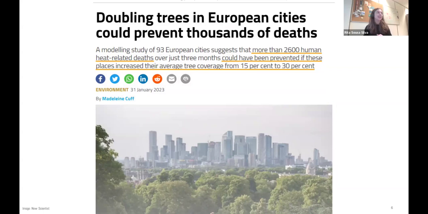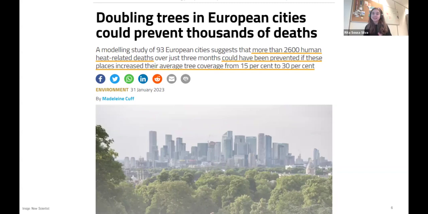So it's not just us casually finding out about this. There was also a study a few months later that actually said, yes, we have a huge problem with heat-related mortality. And if European cities would double their canopy cover, we could avoid 2,600 human deaths, which is quite a lot if it's all about canopy.